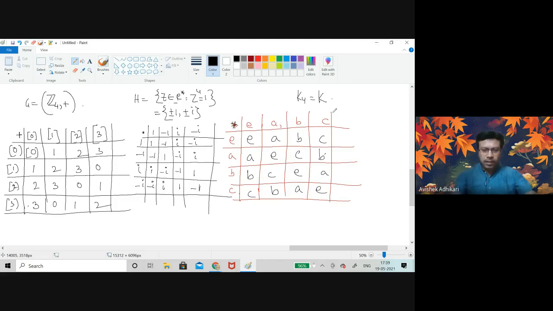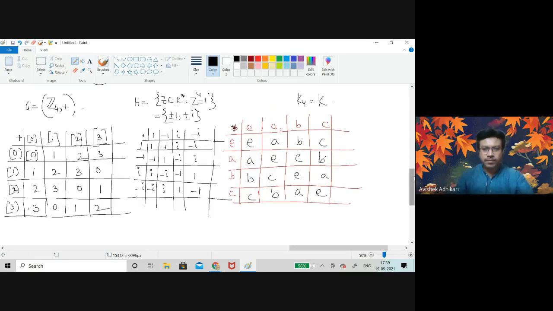One thing you will be able to observe is that these tables have a special kind of similarity. Let's see where the 0 element, that is the identity element, stays. The identity element stands here, here, here.